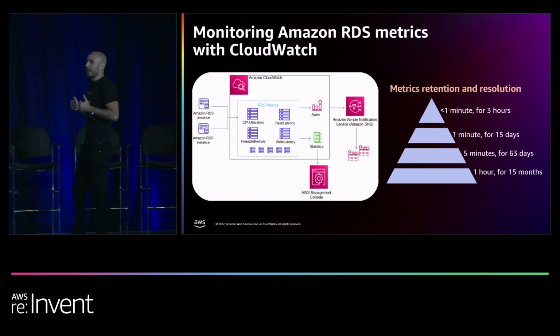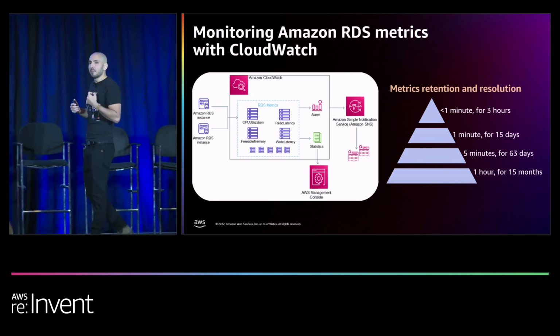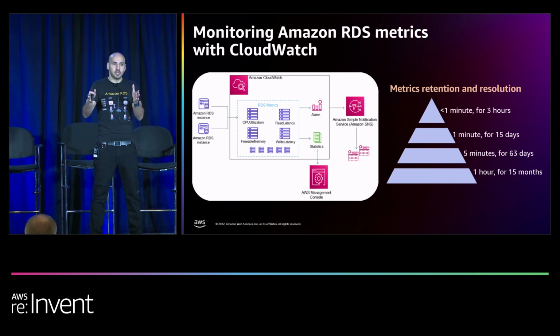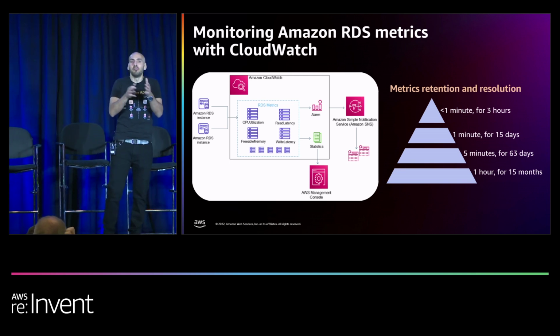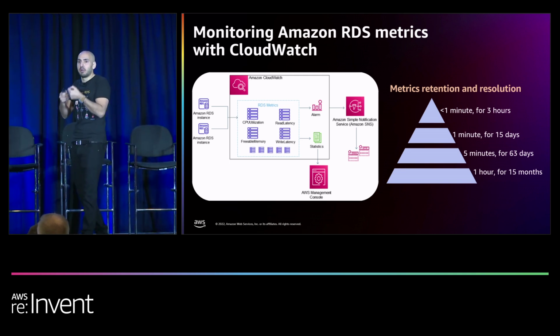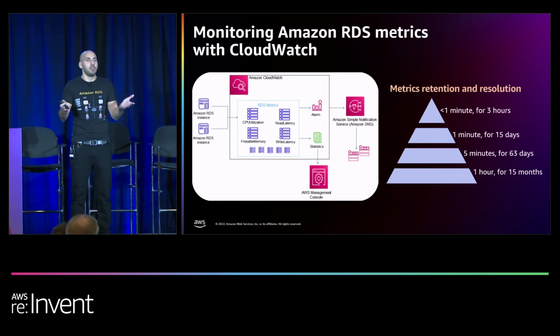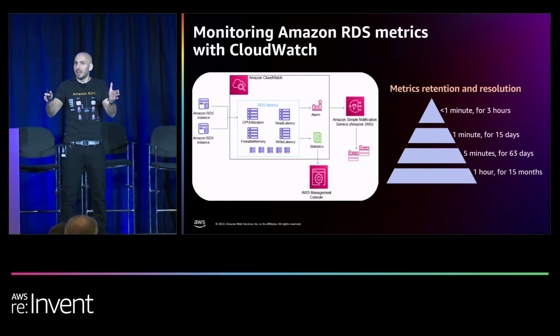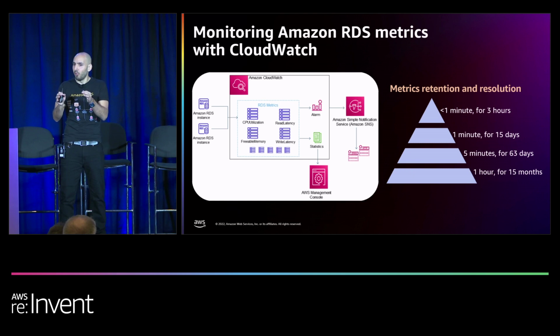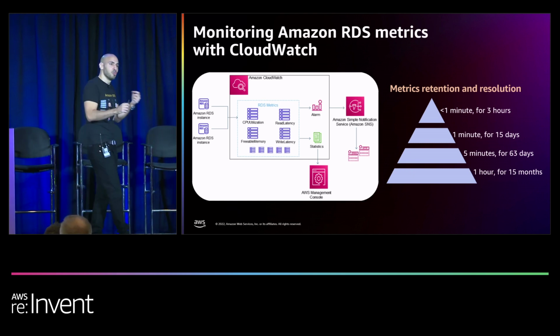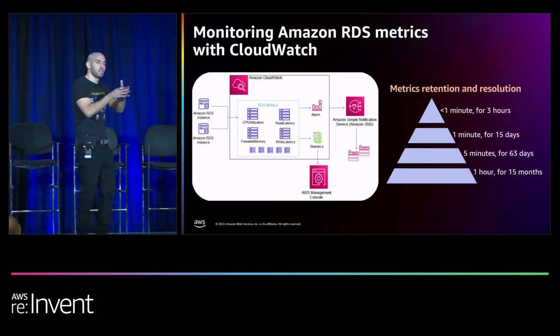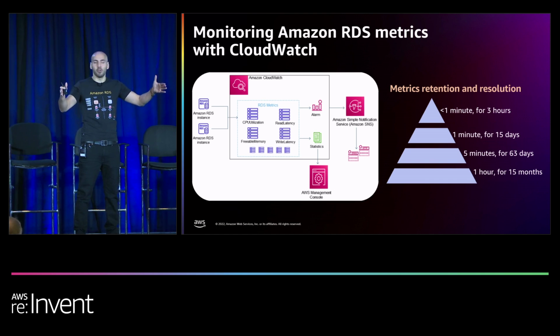Now, why do we do this pyramid model when it comes to retention and resolution? The reason is that as data ages, it becomes less and less important to get the high granularity and resolution. For example, if you look at the last hour, it makes sense that you want to see very granular data points. But does it make sense to look at 1 second data points when you look at a time period of a couple of weeks or a couple of months?